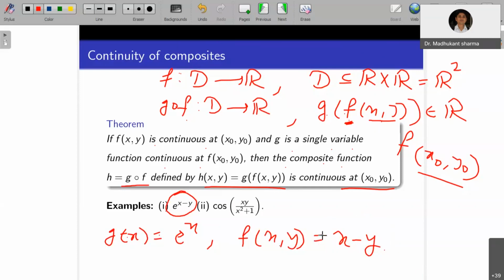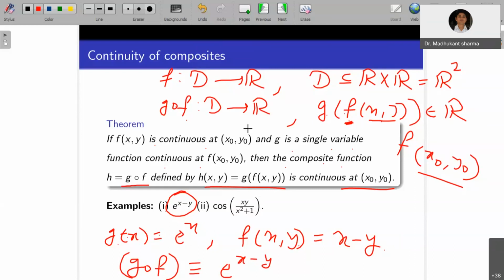It's easy to verify that this function is continuous. And G, the exponential function, you can verify is also continuous. So G compose F is identically e to the power x minus y. This function x minus y is continuous at any point, and the exponential is also continuous at any point, so this is going to be continuous.